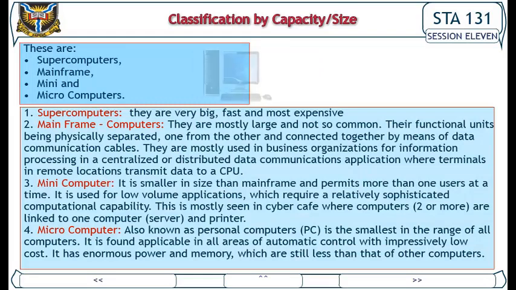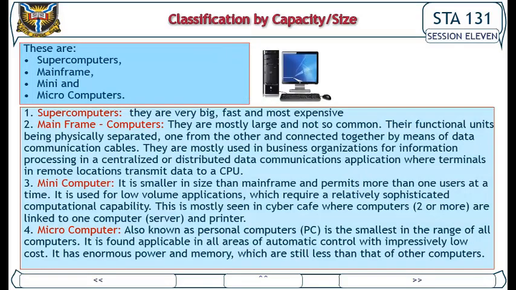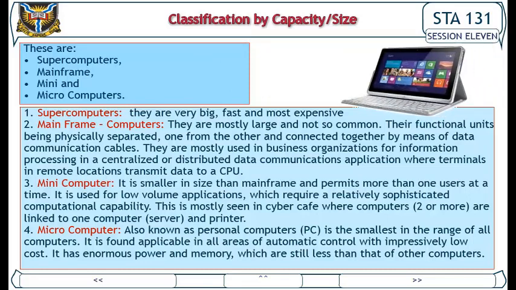Classification by capacity size. These are supercomputers, mainframe, mini, and microcomputers. 1. Supercomputers. They are very big, fast, and most expensive. 2. Mainframe computers.